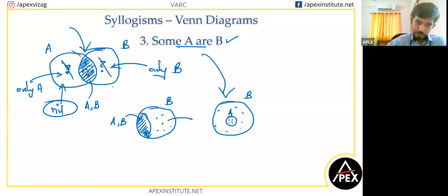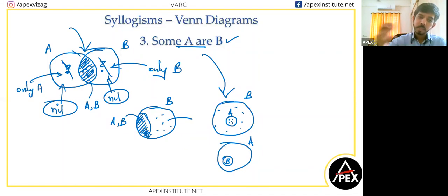If we say that this is nil, B's which are not A's becomes nil, then this reverses. Right? Then B becomes a subset of A because there are no other B's which are not A's and some A are B. Those are inside this circle, the smaller circle. Right?